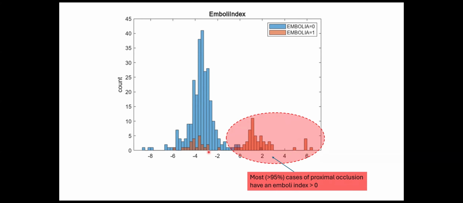In a few cases, the index is below 0, and we still had some occlusion, but they were distal occlusions. Which means that especially for proximal occlusions, the score is always positive. Some distal occlusions, especially when they are very tiny, could be negative. But this discrimination was good enough for clinical purposes.